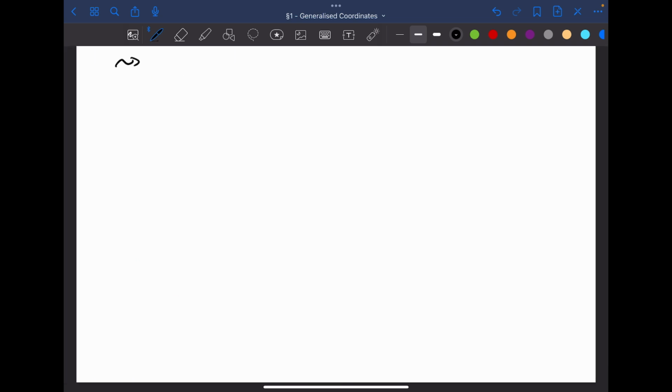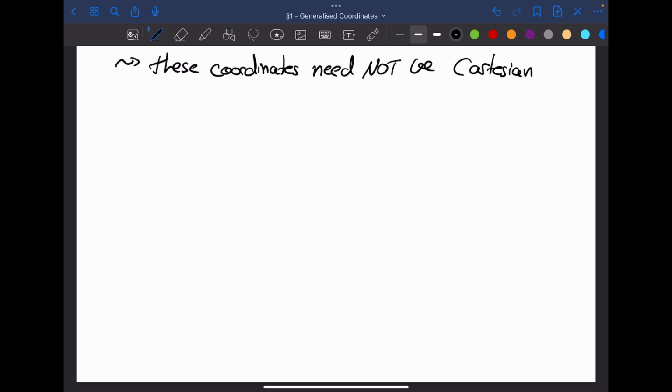And these coordinates need not be Cartesian. So they don't have to be x, y, z.